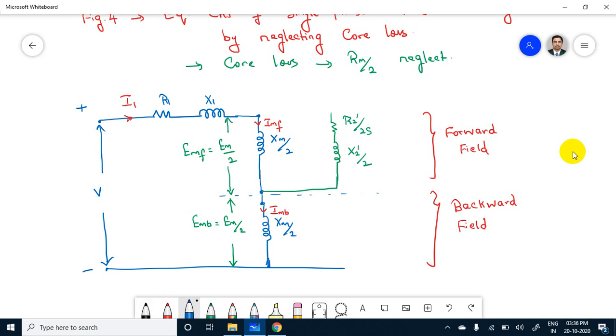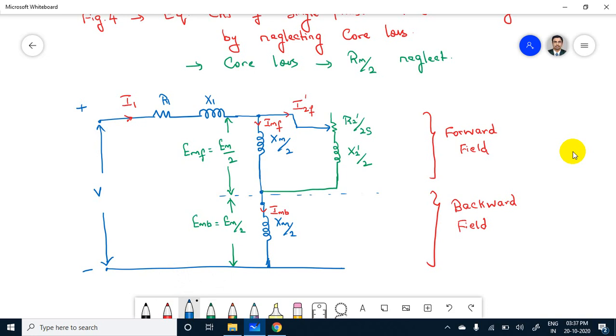Okay, so the connection from the stator is given to the rotor current resistance R2 dash. The current flowing here is I2 dash F, I2 dash F, like that.